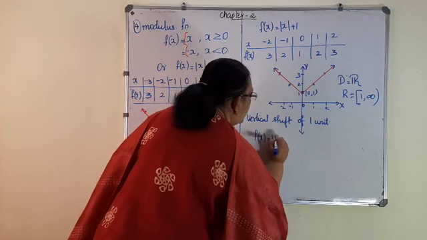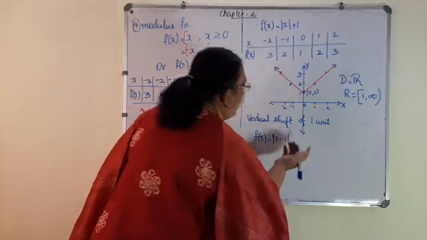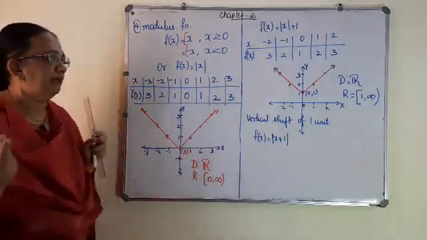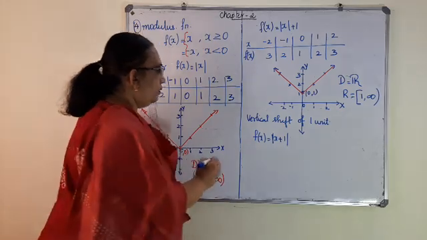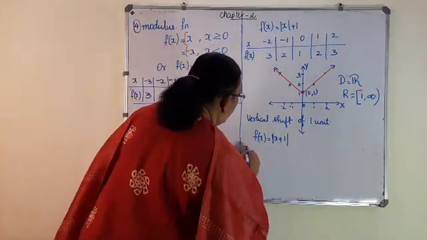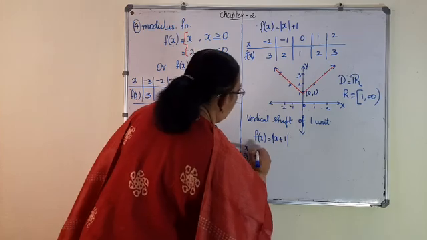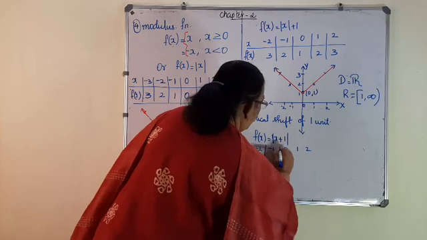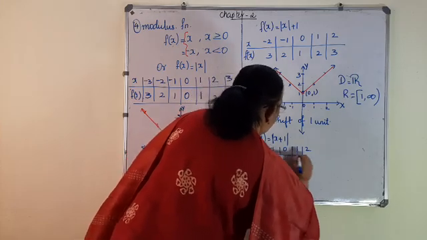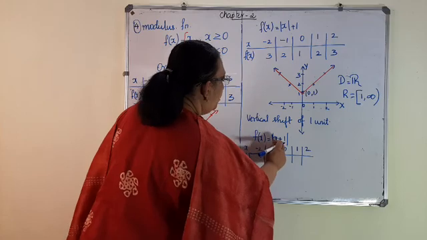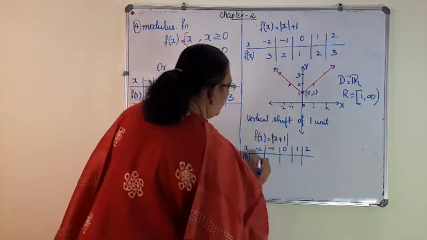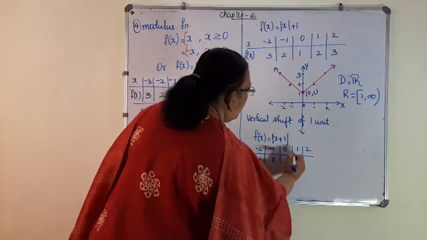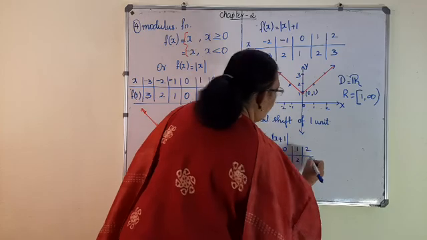Now, f of x is equal to mod x minus 1, suppose, or mod x plus 1, plus or minus, whatever it is. You can take the values: minus 2, minus 1, 0, 1, 2. Minus 2 plus 1 is minus 1, modulus is 1. Minus 1 plus 1 is 0, 0 plus 1 is 1, 1 plus 1 is 2, 2 plus 1 is 3.